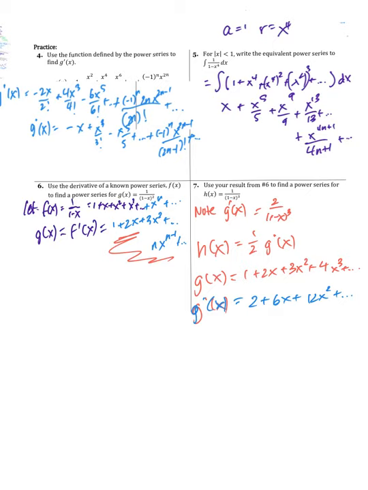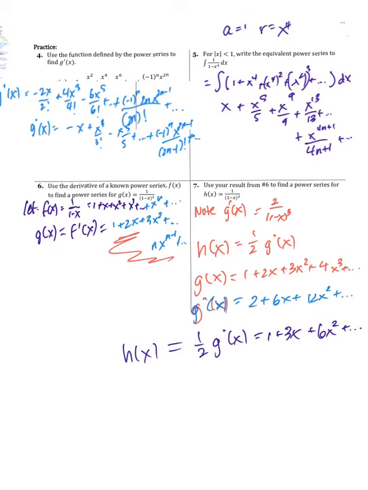And h of x is 1/2 of that, so we want 1/2 of g prime of x. That's going to give me h of x. 1/2 of 2 is 1, 1/2 of 6x is 3x, 1/2 of 12x squared is 6x squared. And I think that you're getting the idea here. And we could, again, write a general rule if we really needed to.